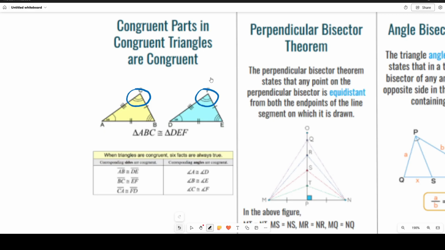So angle C here matches with angle F because these are both angle 2. That means angle 2 is congruent to angle 2. Likewise, here, side 2 would be congruent to side 2. Angle 1 would be congruent to angle 1, and so on.